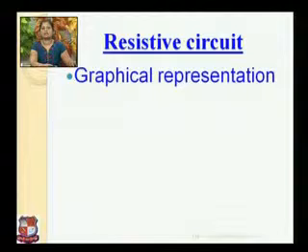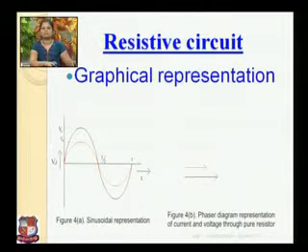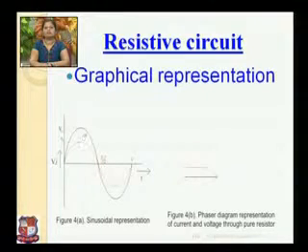This is the graphical representation as shown in the figure. One is the voltage, another is the current. Both start from zero, reach maximum at the same time, and return to zero at the same time. It means the phase difference between these two quantities is always zero throughout the cycle. This is for a resistive circuit only.